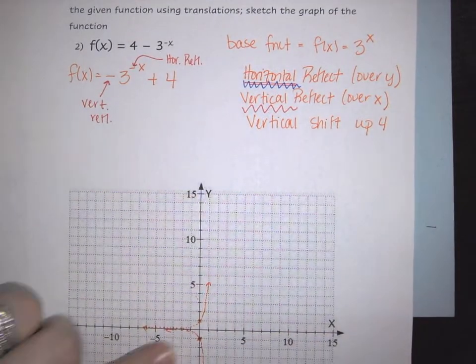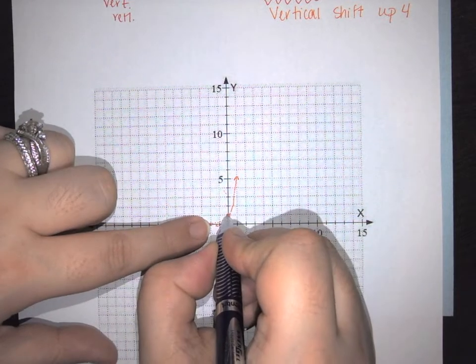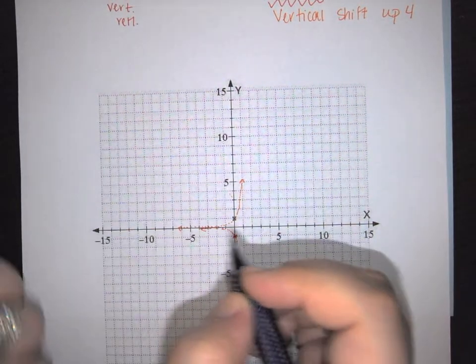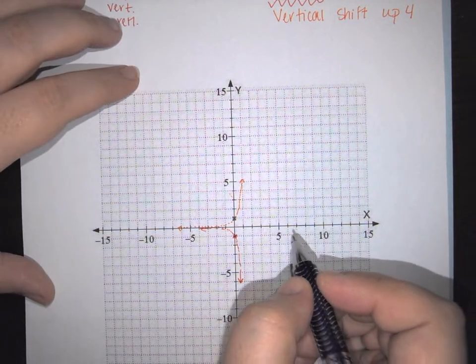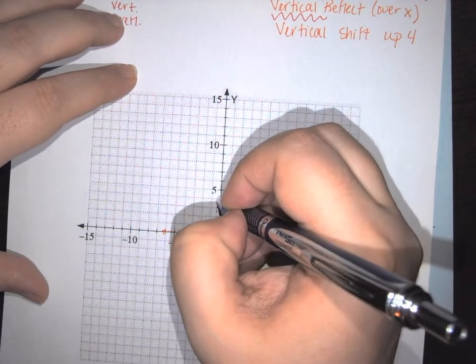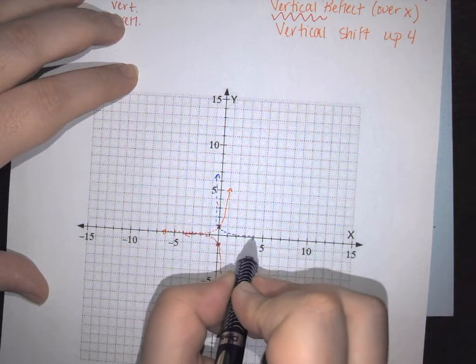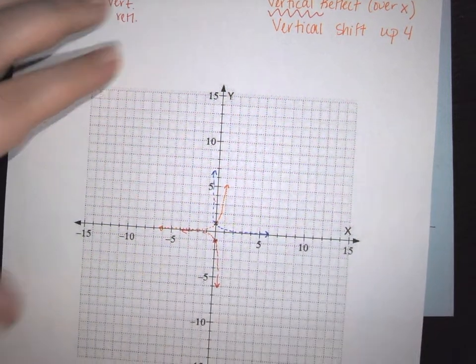So the horizontal reflection, if I had started over, would say that we're still going to be right here, but we're spinning over the axis. And so in this case, we would be coming straight up in this direction, and we would approach the axis like this. Okay.